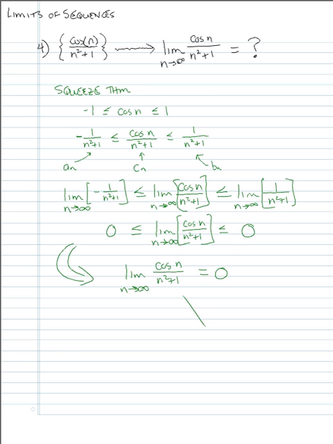That tells us it converges, and it converges to 0. The sequence converges, is really what I should say, not the limit converges. We say the sequence converges to 0. So that's how we actually use the squeeze theorem.